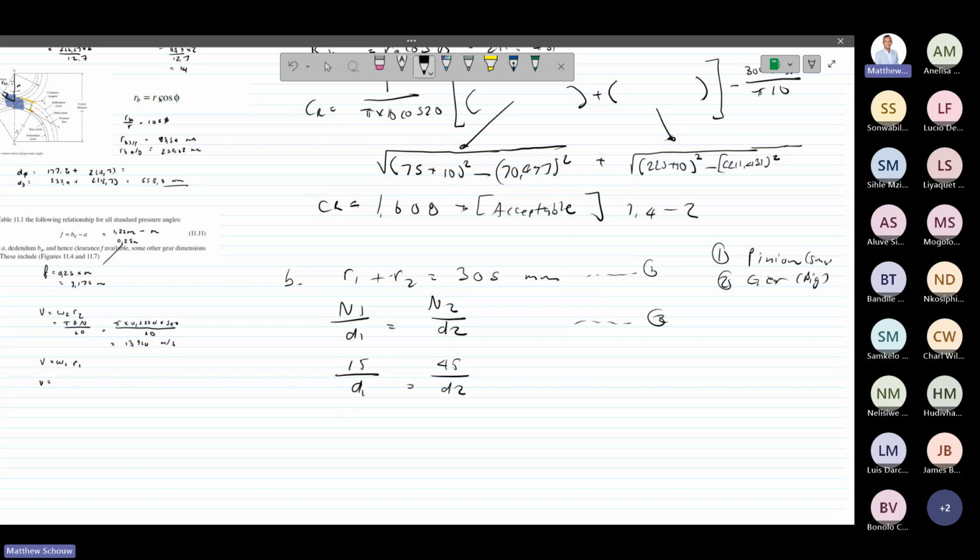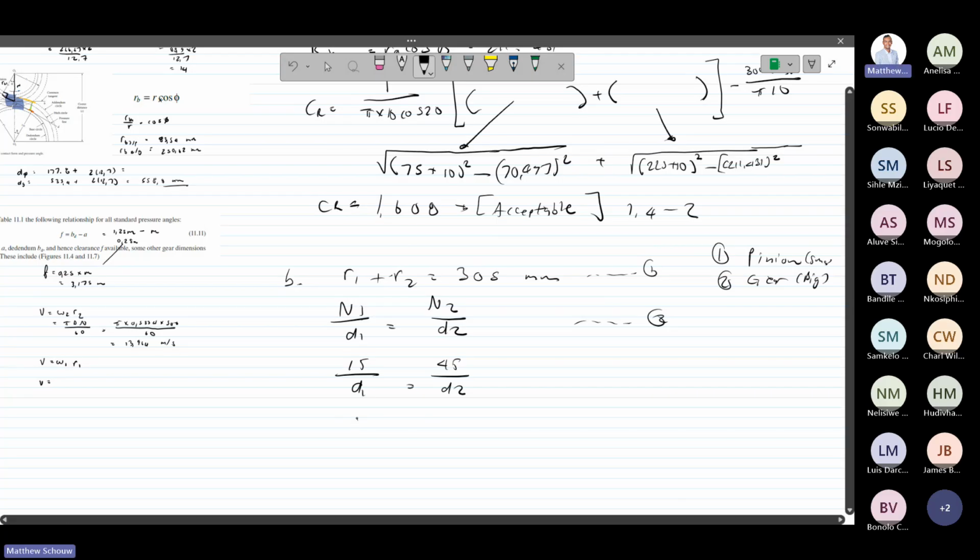So T1 over T2 will be basically 3, right? And then therefore T1 equals T2. No, this should be the other way around.